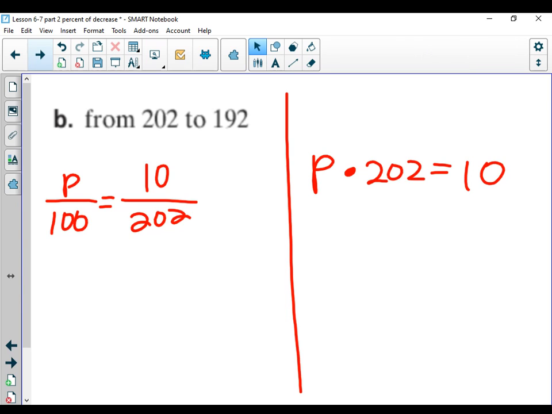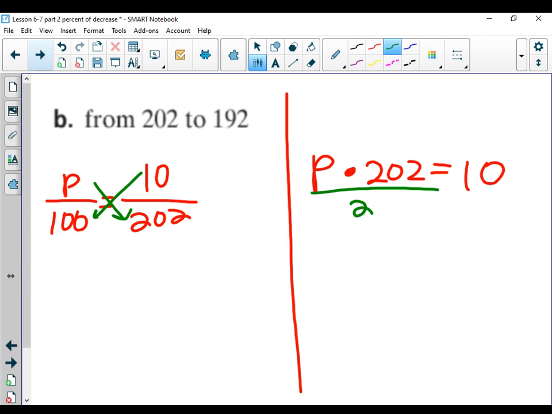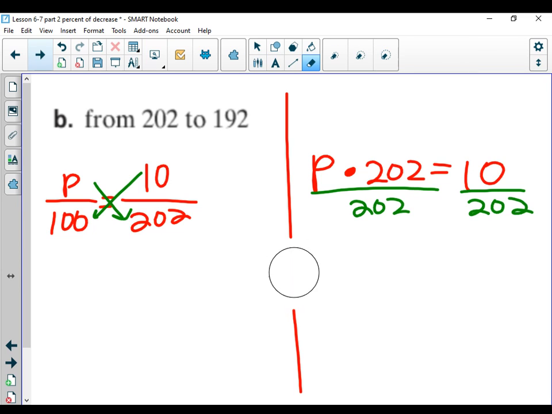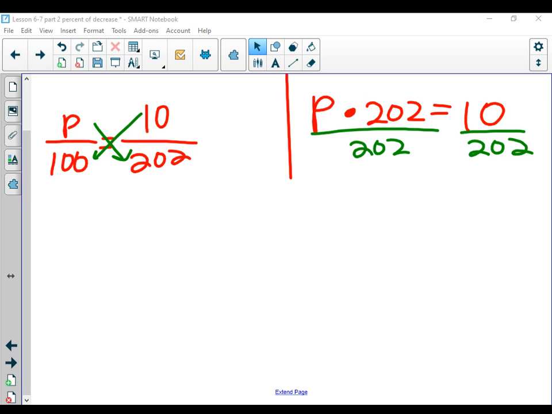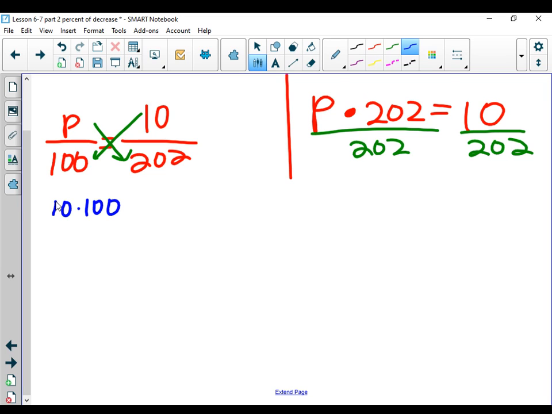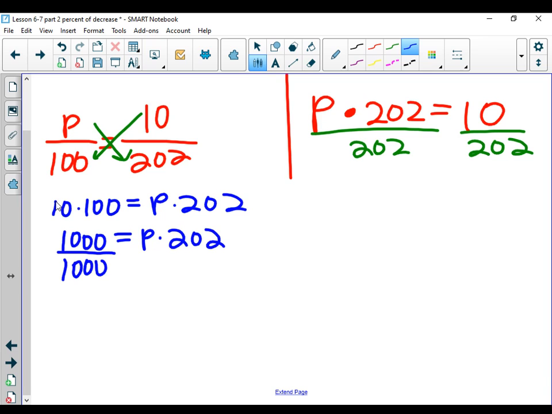Cross productors, you should know what to do. Equationers, divide on both sides. Do not divide by 1,000. My mistake.